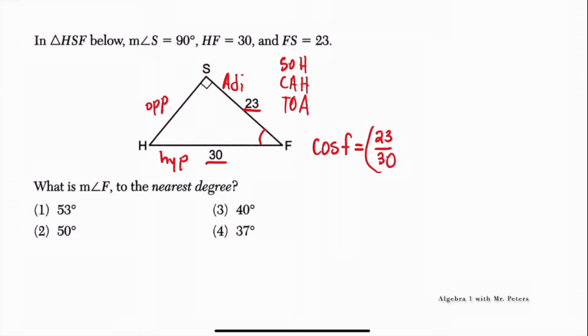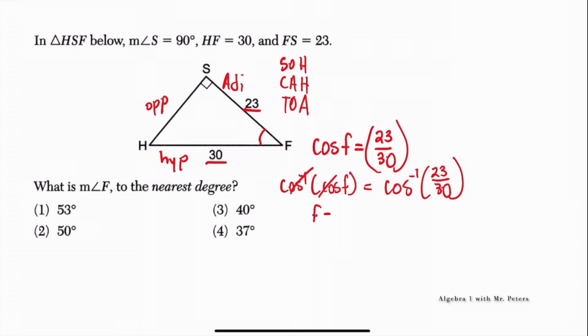But because we're dealing with inverse, right, we're going to take the inverse of this function. All right, cos functions cancel each other out. We're left with F, and F is going to be equal to the inverse cosine function times 23 over 30.